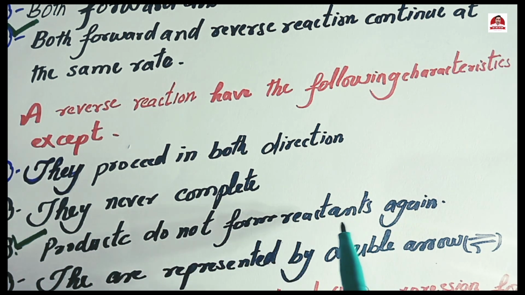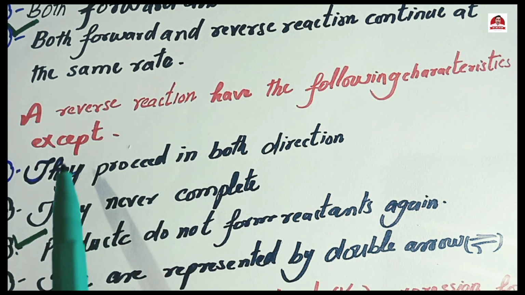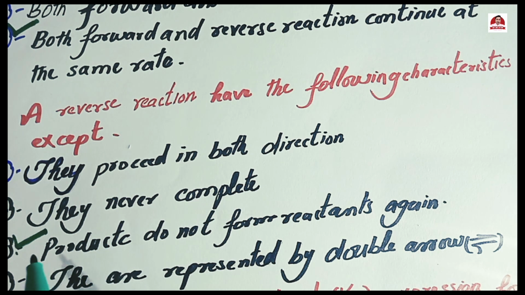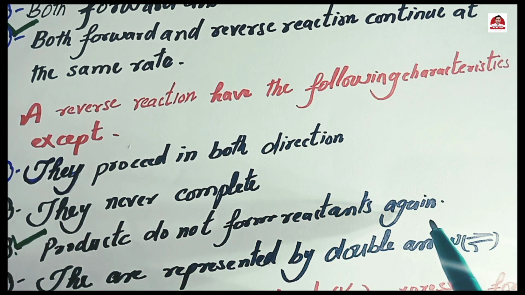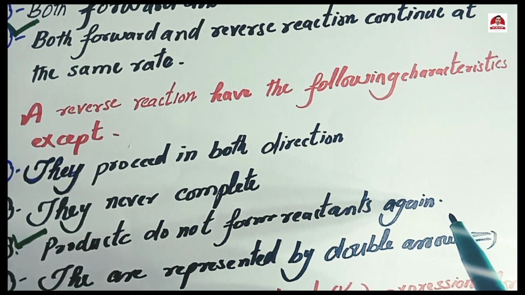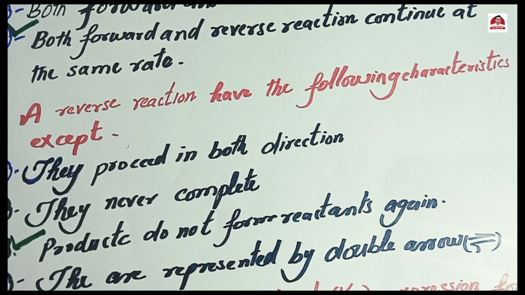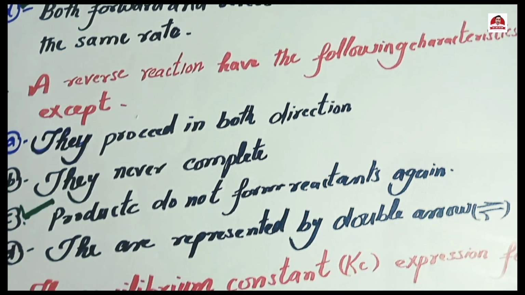Although according to a reversible reaction this statement is wrong, in the question option C is the answer, that the products do not form reactants again. Actually in a reversible reaction it is not so, but the option C is correct.